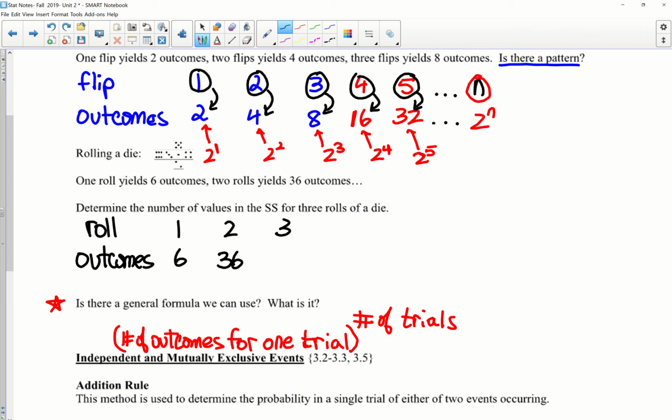3 rolls of a die, but we're going to assume that it's kind of weird. I'll say die, and then sometimes I'll say fair die, or I'll say a coin, and sometimes I'll say a fair coin. I mean them interchangeably, because an unfair die or an unfair coin would be one of the ones that are loaded. So an unfair coin, for example, would be a coin that's got heads on both sides.